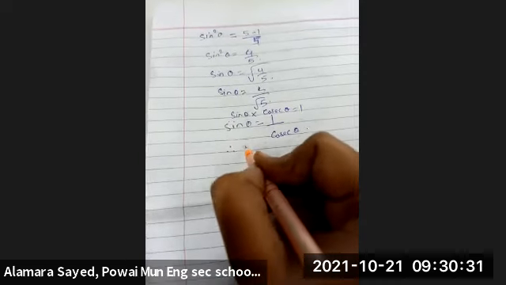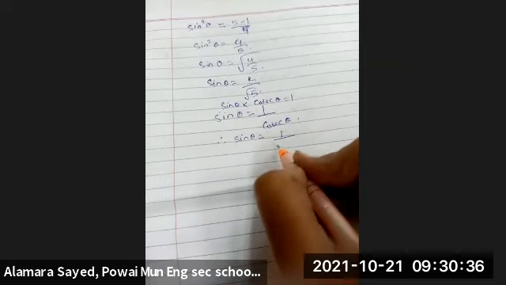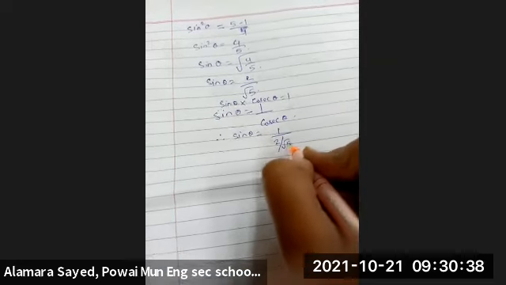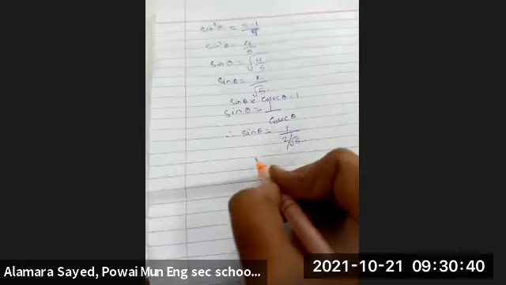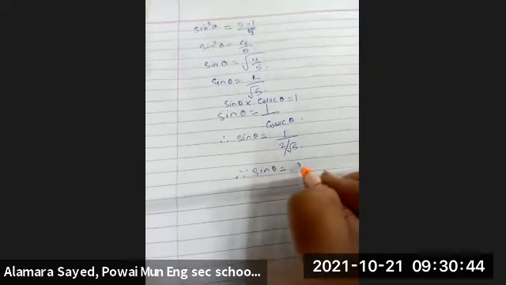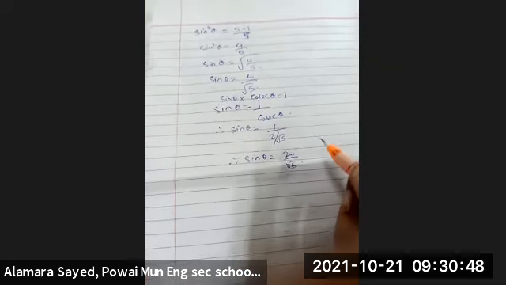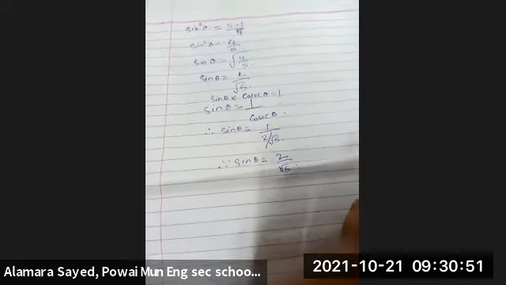Therefore, sine theta is equal to 1 upon root 5 upon 2, and if we inverse it, sine theta is equal to 2 upon root 5. In this way, you are getting the answers.